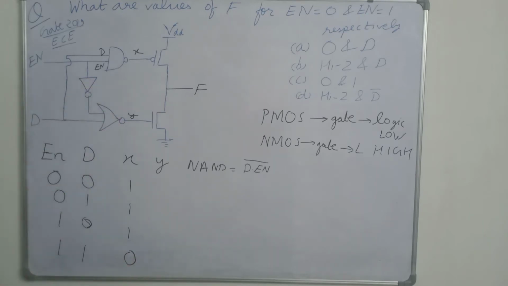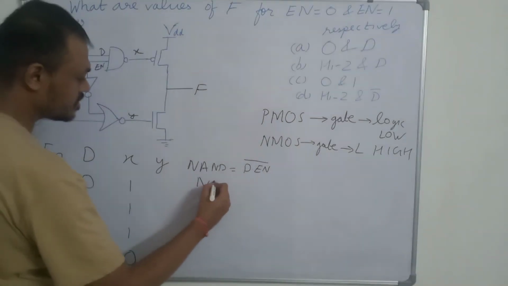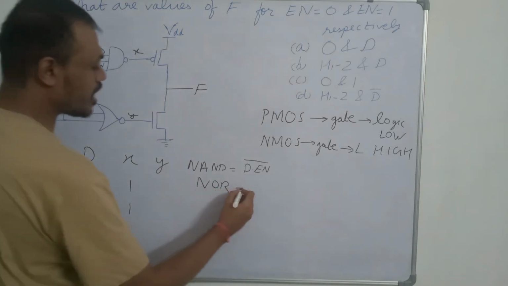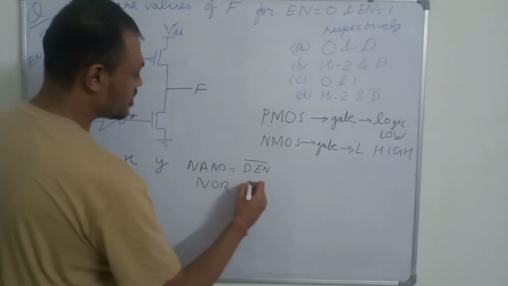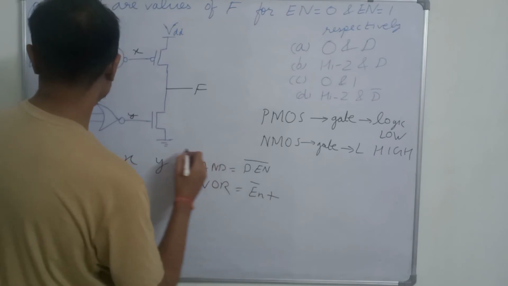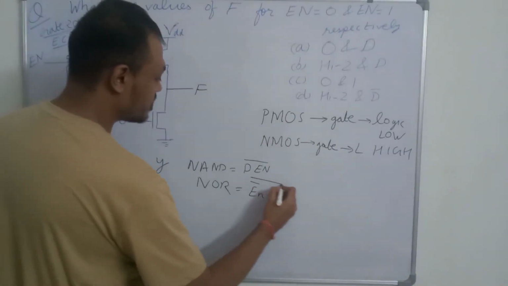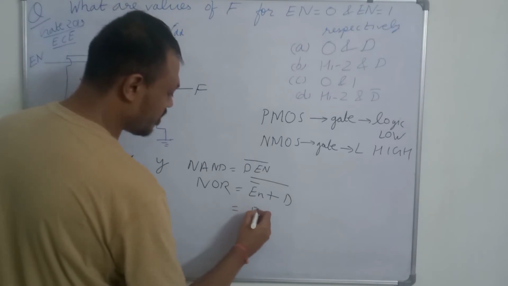And for NOR gate the output is, this is enable bar. So output is enable bar plus D whole bar. So this will be equal to enable dot D bar.